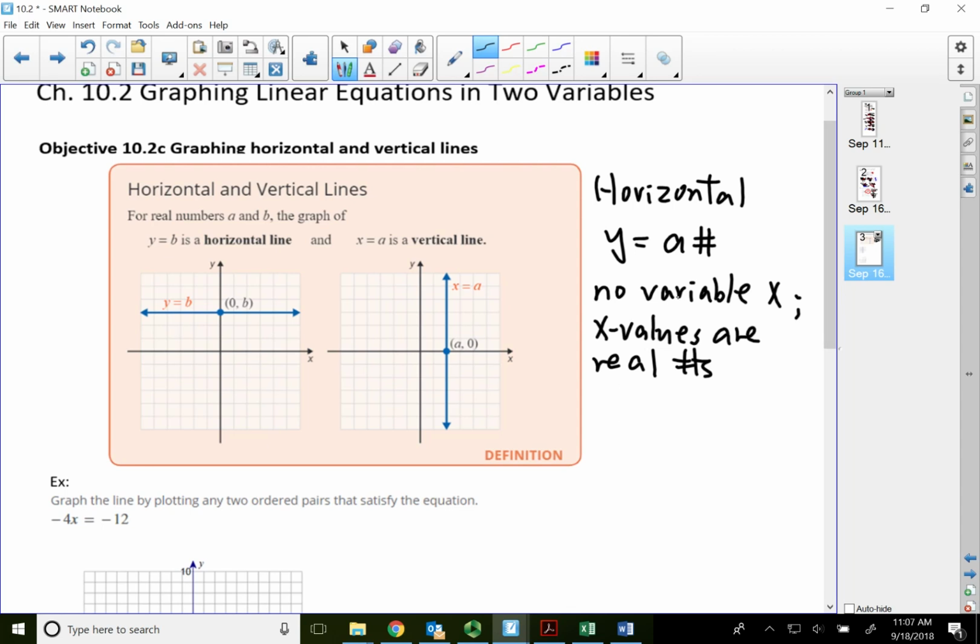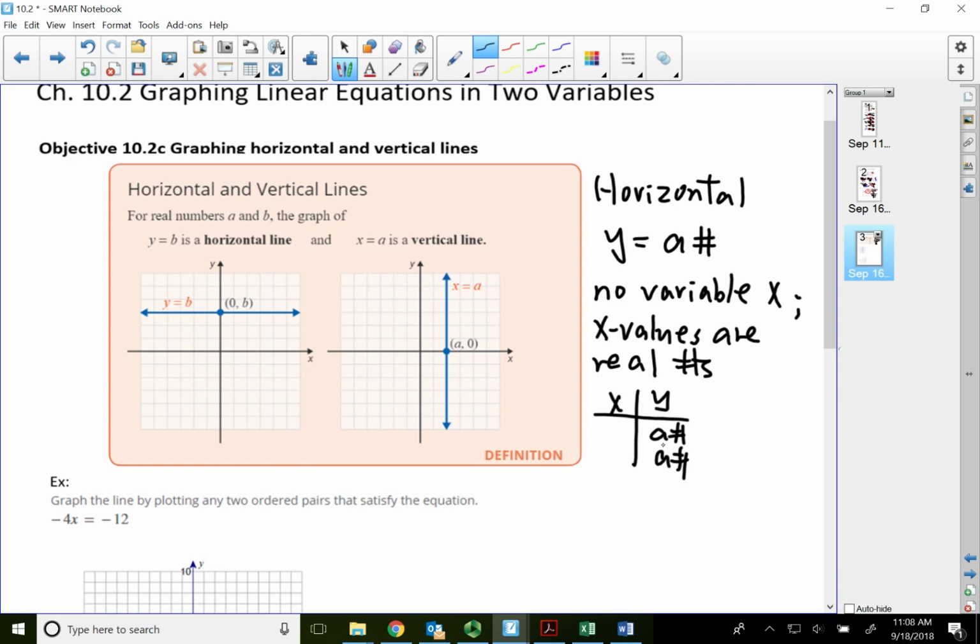The equation already told me what the y value is going to be, because it says y equal to a number. Once I lock in what the y value has to be, whatever that number is, the x value I can pick to be whatever I want.